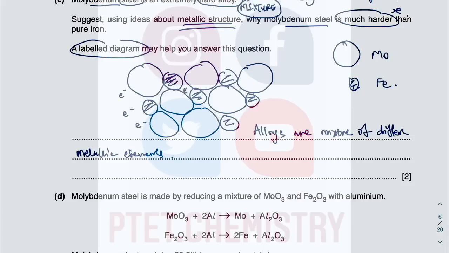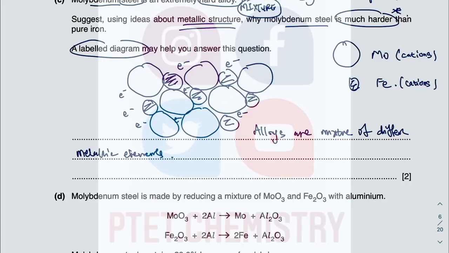You could even have electrons in between, electrons somewhere. So these are essentially the cations. All right, so they are the cations suspended in the sea of electrons, right? And when you think about it, whether the electrons come from molybdenum or the iron, they are still electrons. Does it matter? Electron is electron, so they are just suspended together. So it doesn't matter if the electrons come from iron or molybdenum. What is important is the cations will have different sizes.